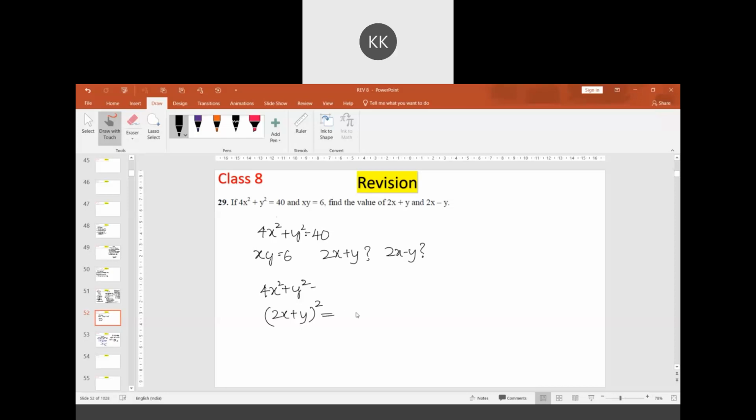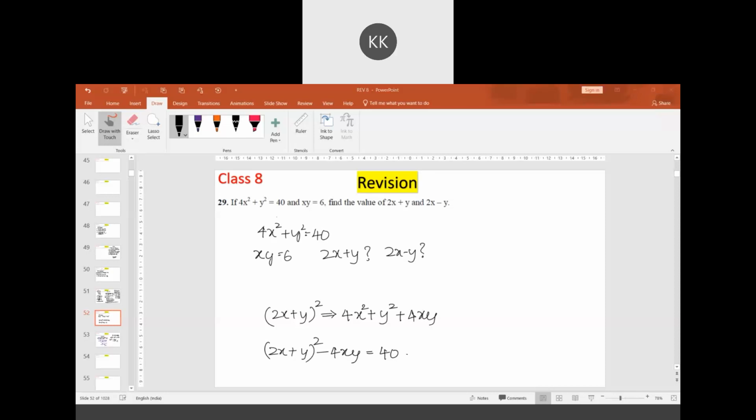If you expand this, what do we get? 4x² plus y² plus 4xy. So this can be expressed as (2x + y)² minus 4xy, which is equal to 40.